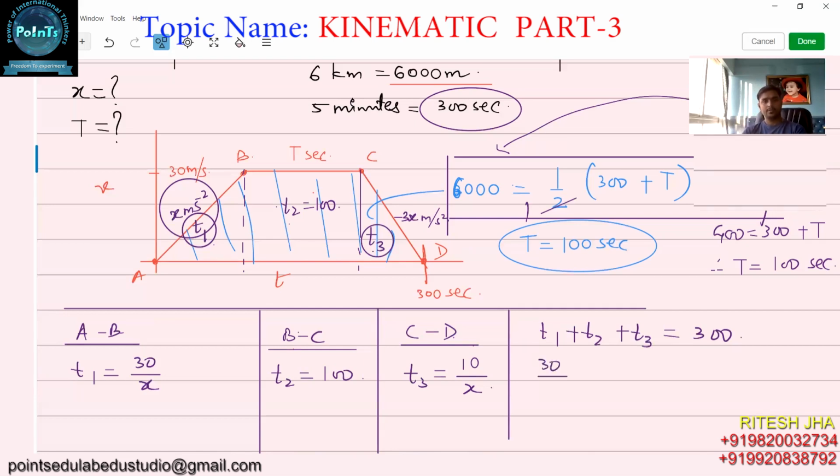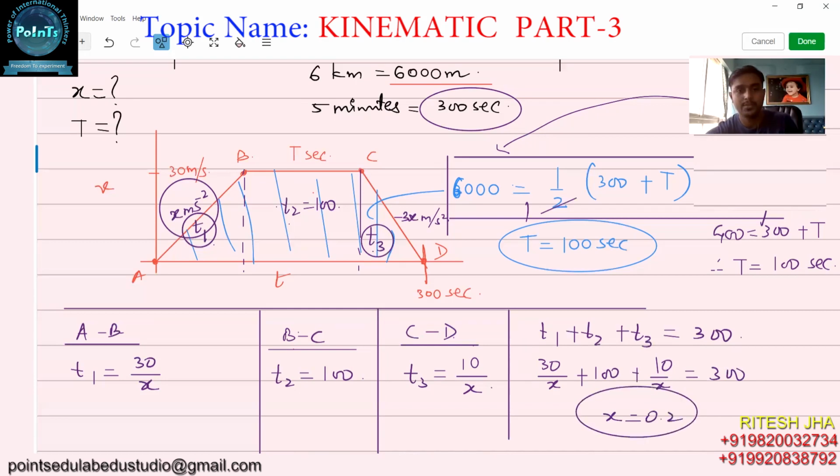X is 0.2. Absolutely correct. So x is equal to 0.2.